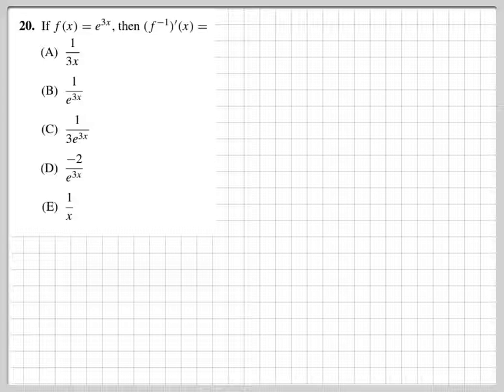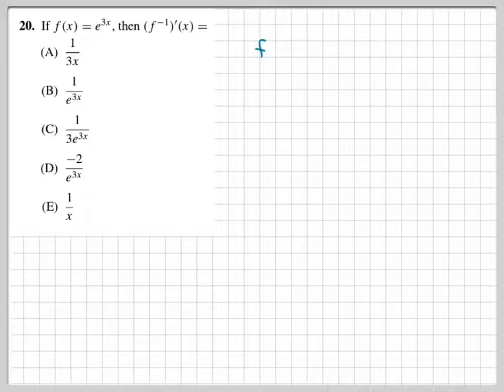For our last problem, you have to remember when you see the negative 1 on a function like that, that means inverse. And that little prime right there means we want to find the derivative of the inverse. Now, really quick, this should be a formula that you can just regurgitate.